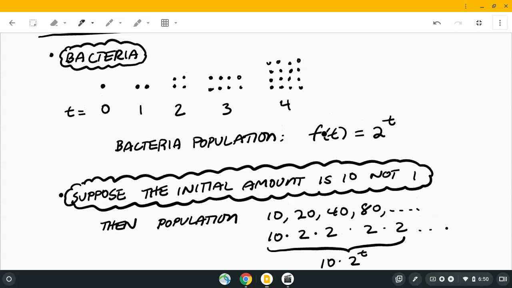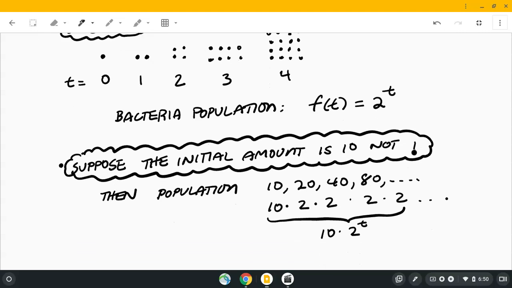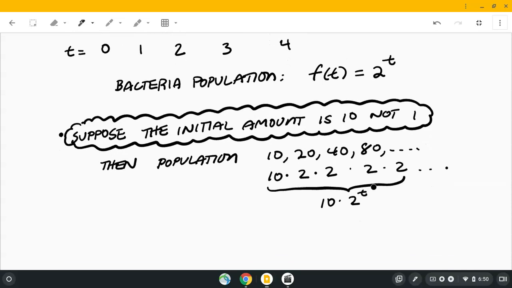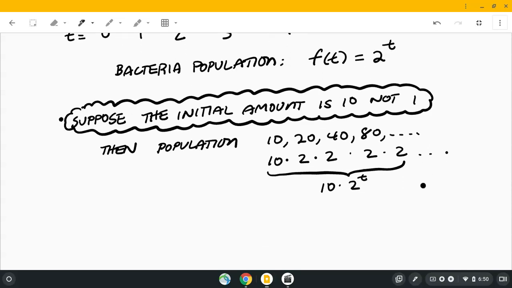However, these two do have in common the fact that they both double every hour. This one starts off with 10 and the other with 1, so the only difference is that initial amount. The function that represents this situation would be f of t equals 10 times 2 to the t.